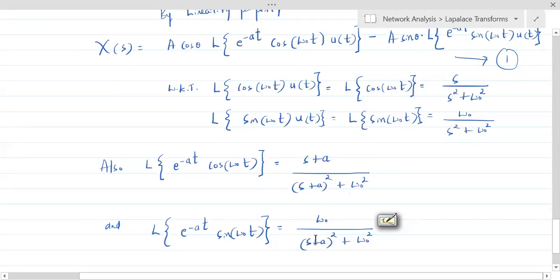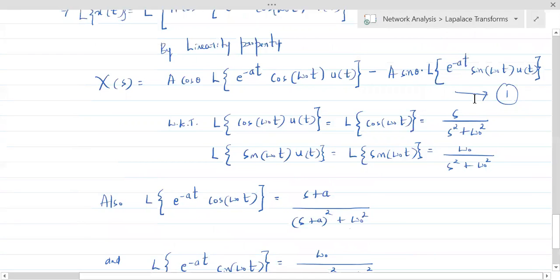Similarly, s here is replaced by s plus a. So if any signal is accompanied by the decaying exponential, then in the Laplace transform of the signal, s needs to be replaced by s plus a. Understand that? Okay. So with all these results, how would equation number 1 look like is the question.